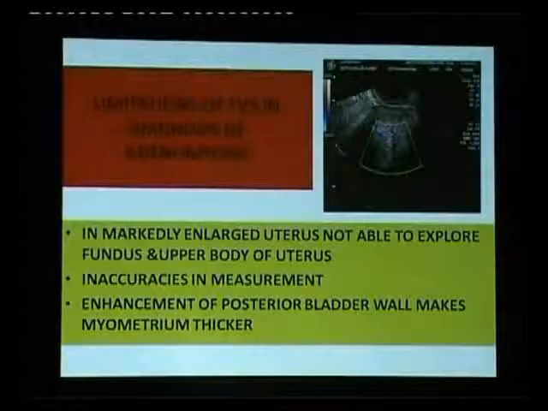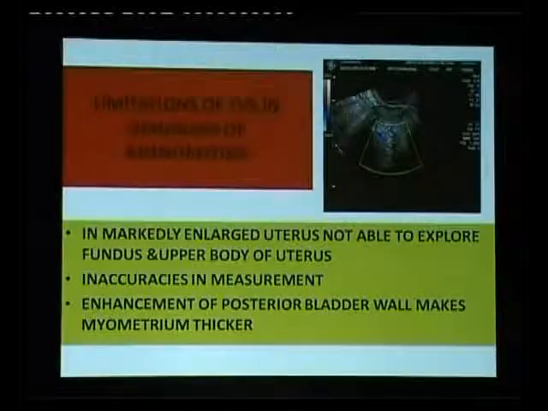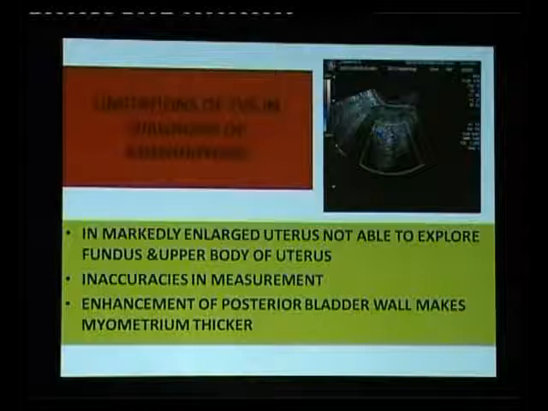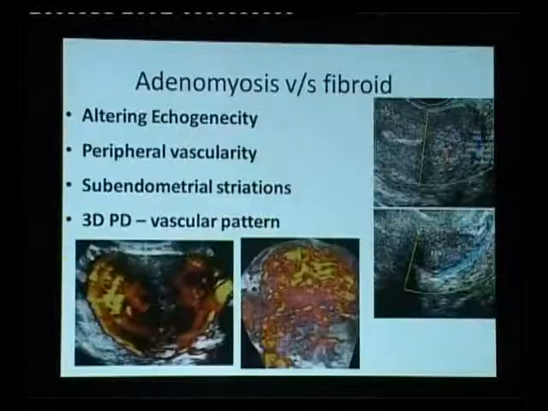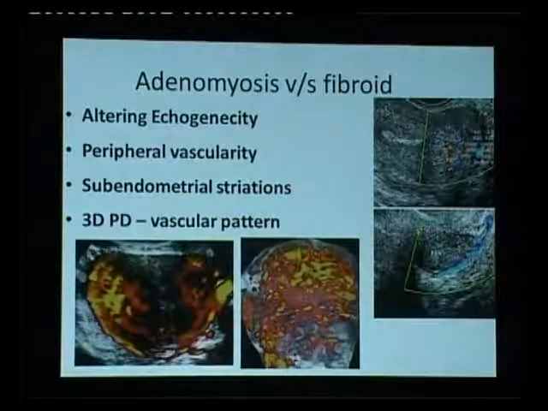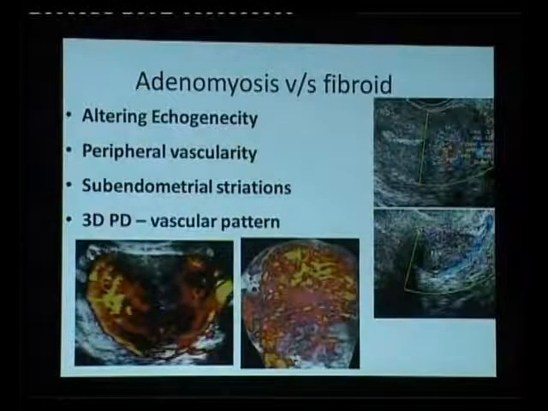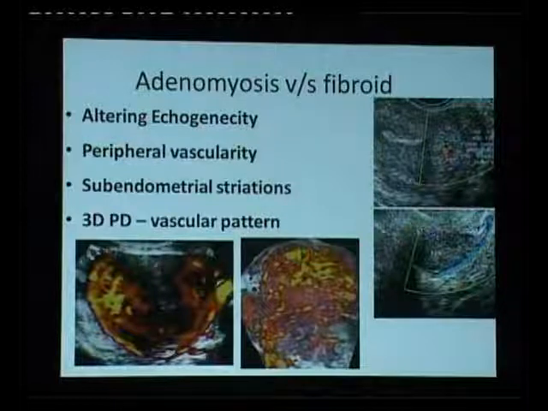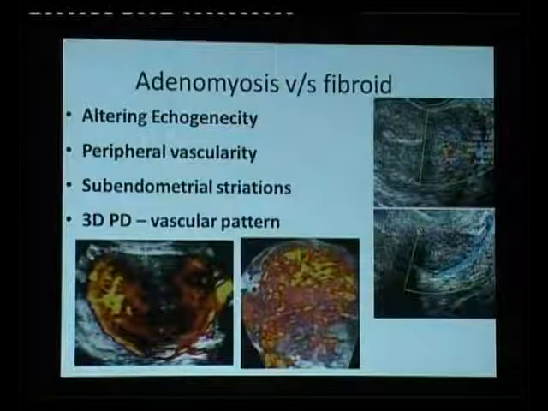Now, there are limitations to the diagnosis of adenomyosis, especially when there's a markedly enlarged uterus and you're not able to really explore the fundus and the upper body by transvaginal ultrasound. So there you could make use of other modalities. Now, what are the differences between adenomyosis and fibroids?